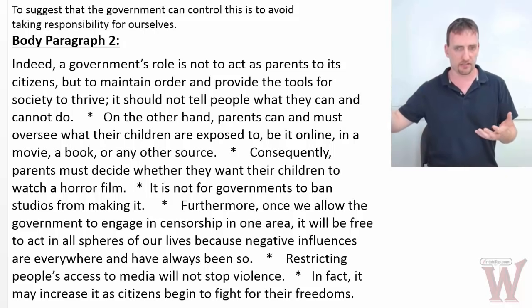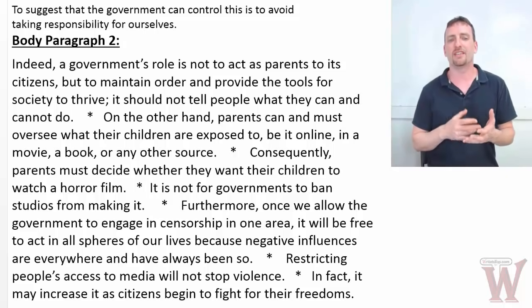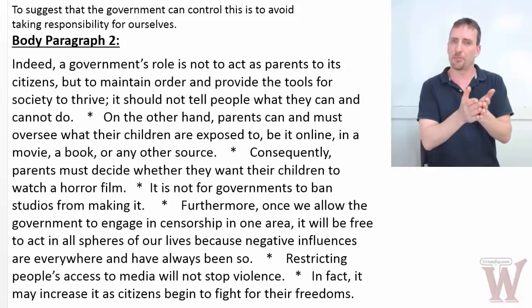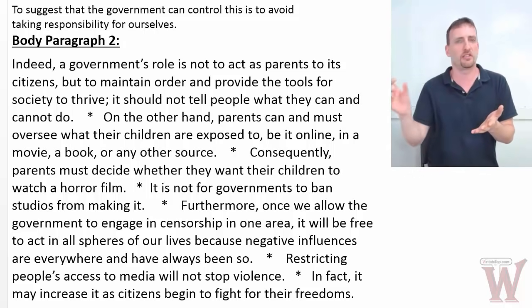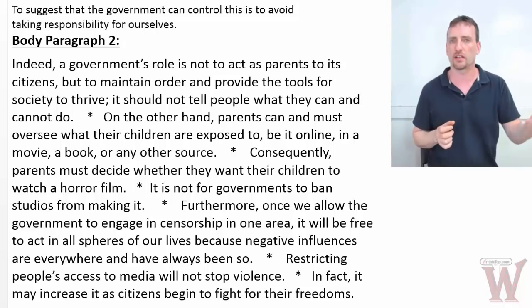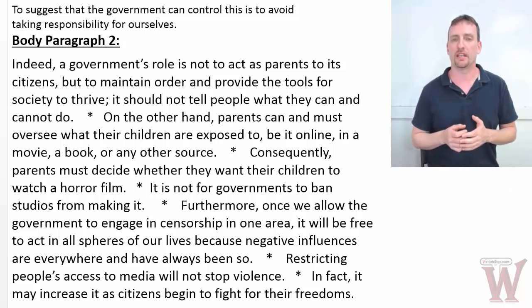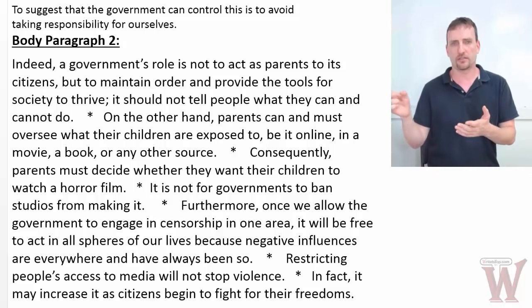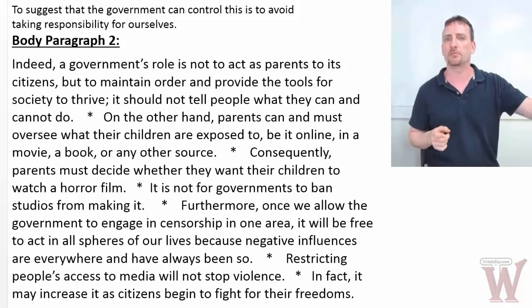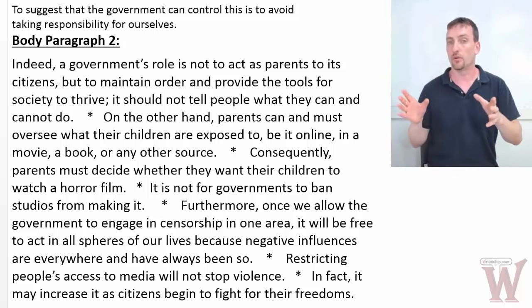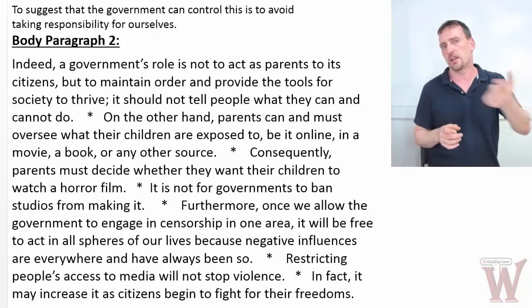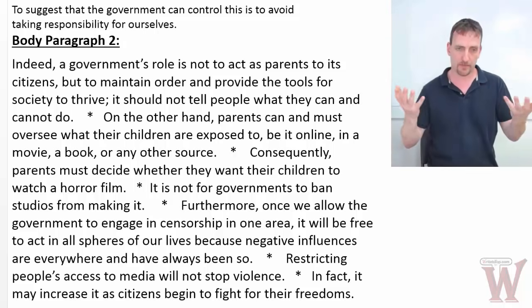Consequently, means as a result, parents must decide whether they want their children to watch a horror film. So again, I'm putting a concrete example, horror film. The parents should decide if the child should see that, not the government. It is not for government to ban studios from making it. So a government can't tell the studio, oh, you shouldn't make this movie because this child might see it and act violently. No, the parents should just not let the child see the movie, okay?